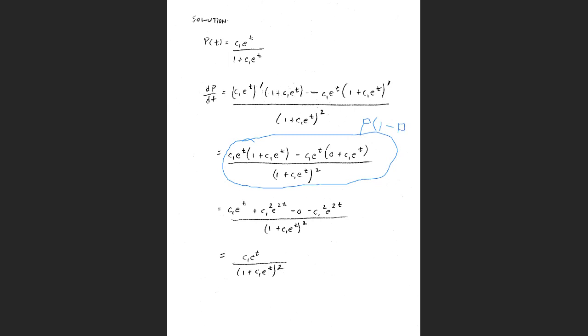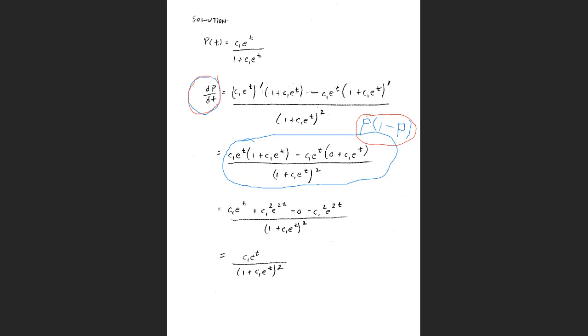Because that's what I have to show the right side equals. I have to show that if this population function is a solution, then its derivative, dP/dt, equals P times 1 minus P.